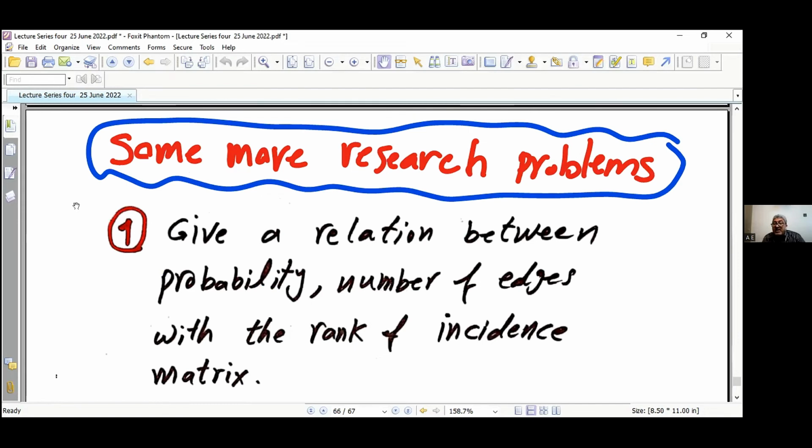I gave a relation between the probability, number of edges, and the adjacency matrix and Laplacian matrix. Now you can find a relation between these numbers, probability, number of edges, and the rank of the incidence matrix.